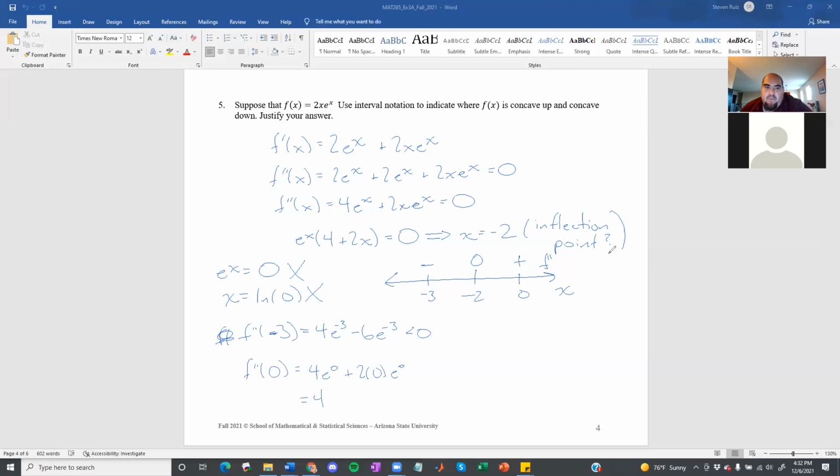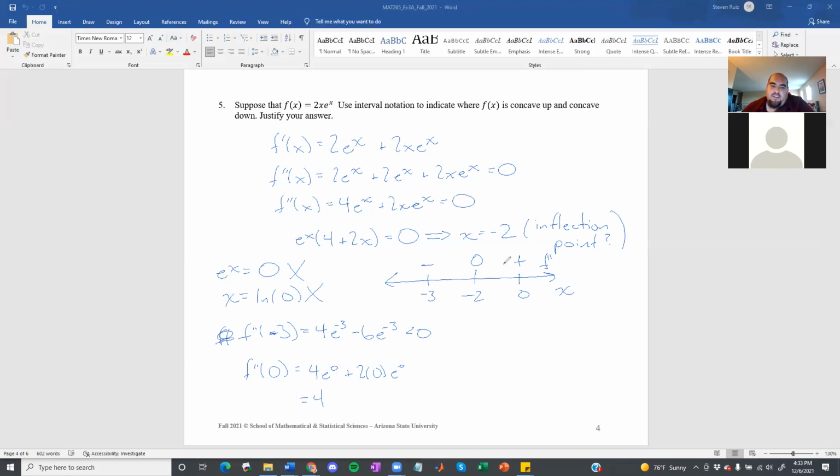No, it's not concave up everywhere. We definitely found a negative number for f double prime of negative 3. So then what? Wait, so if it's not concave up everywhere. Well, look at this number line we made.